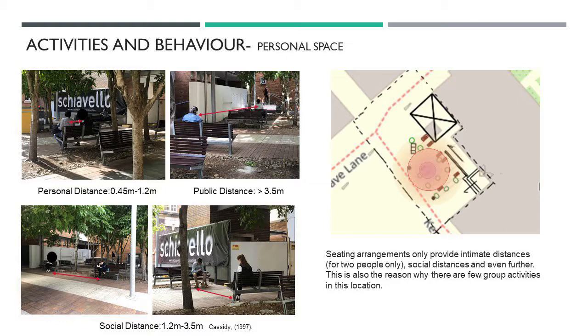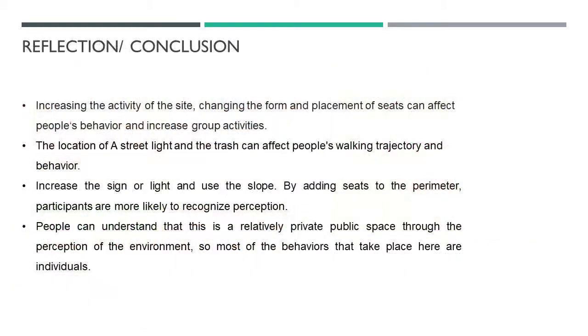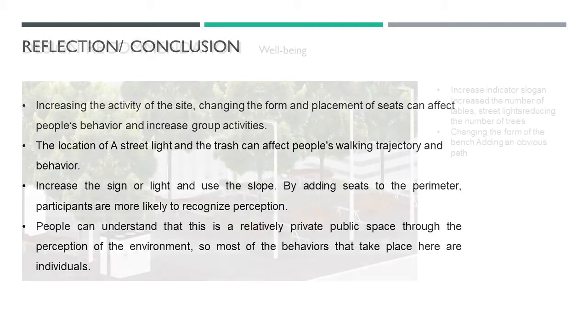Seating arrangement only provides intimate distance for 2 people only, social distance and even further. And this is also the reason why there are few group activities in this location. There are some conclusions, for example, why this site is mostly for personal activities.